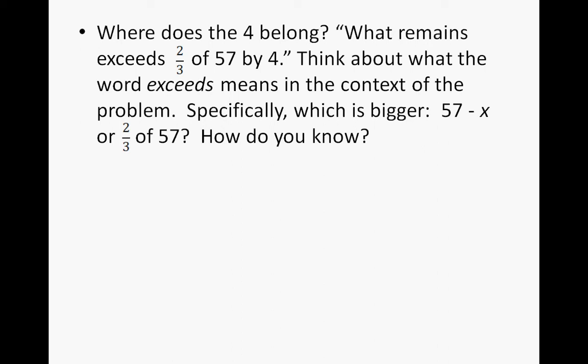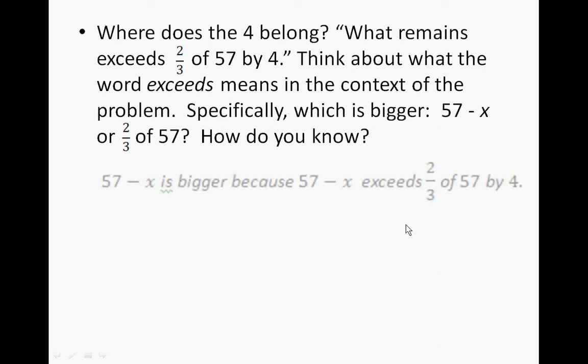Think about what the word exceed means in the context of the problem. Specifically, which is bigger, 57 minus x or 2/3 of 57? And how do you know this? Well, 57 minus x is bigger because 57 minus x exceeds 2/3 of 57 by 4.